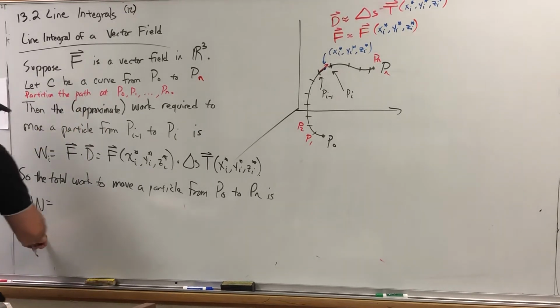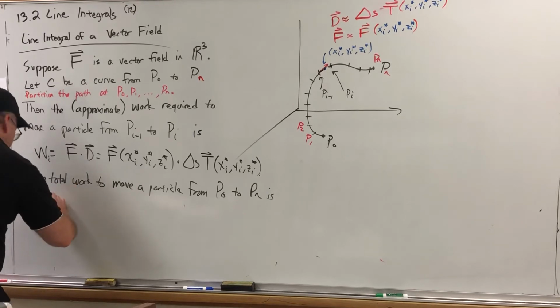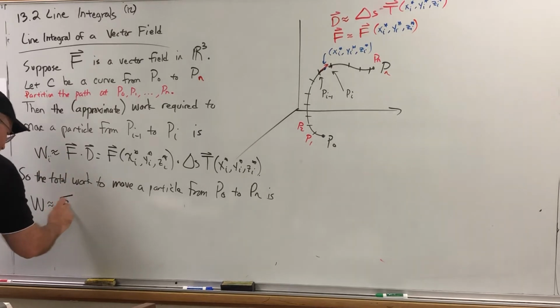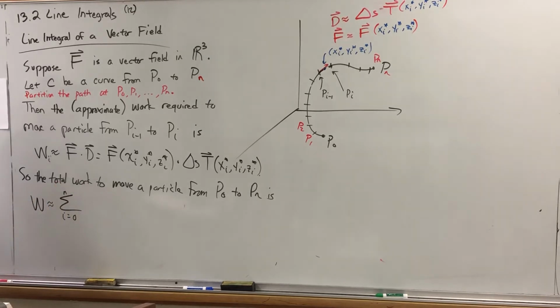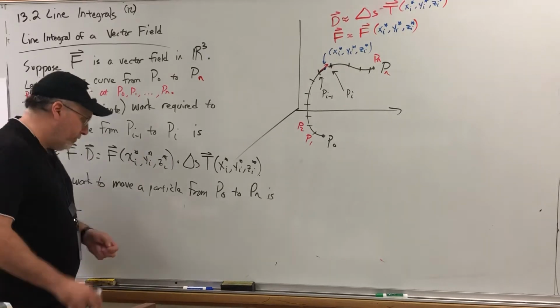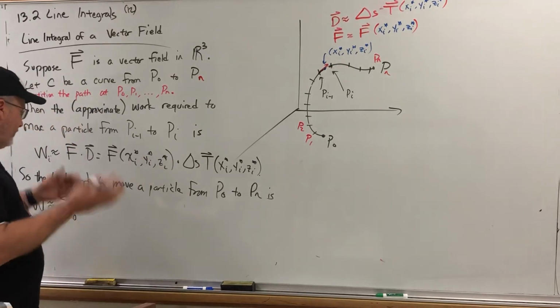The total work is approximately, and if I'm going to say approximately, I should use the wavy equal sign, the sum from i equals 0 to n of this expression.